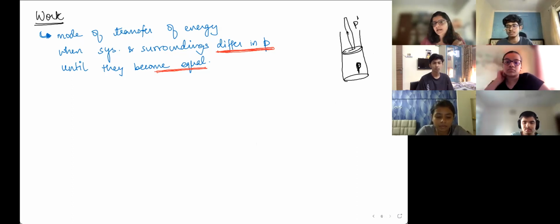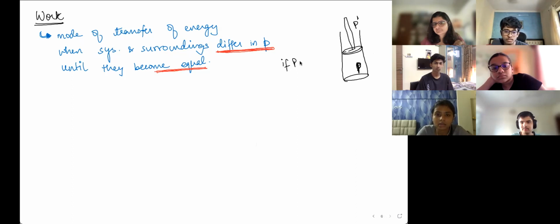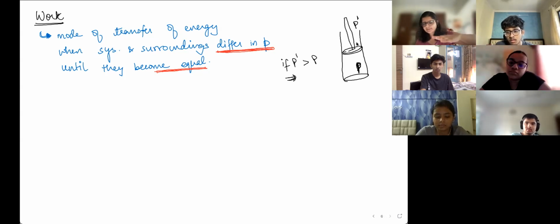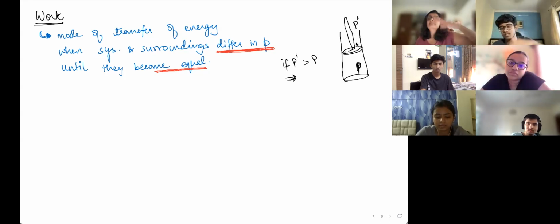If P dash is greater than P, what will you expect? Will it all remain the same, or do you think it's going to affect this piston or the gas or the system in general? If outside pressure is greater than the pressure inside, then what will happen to the piston? The outside pressure will try to go inside, pushing the piston down.